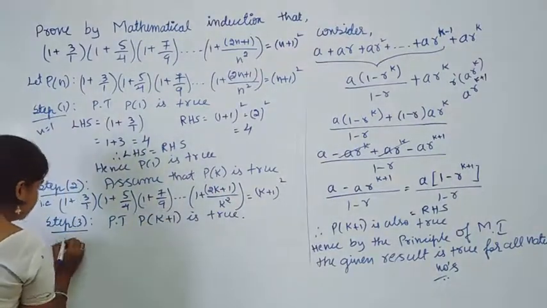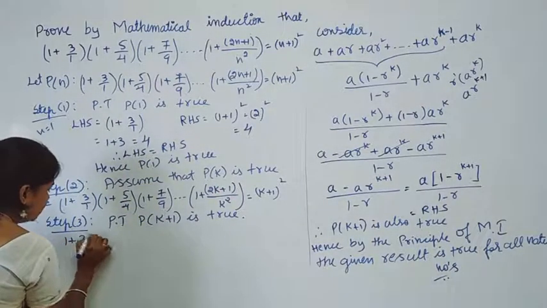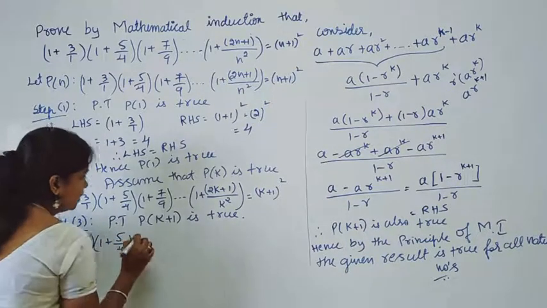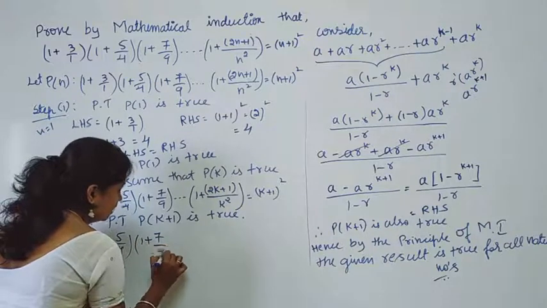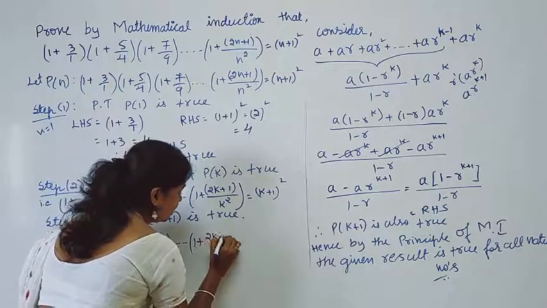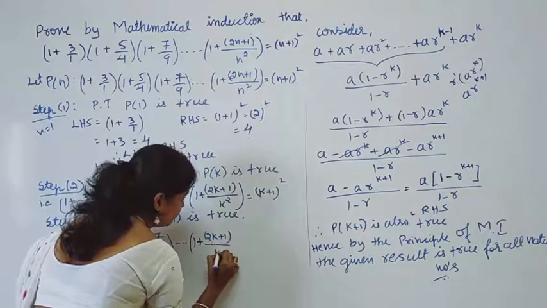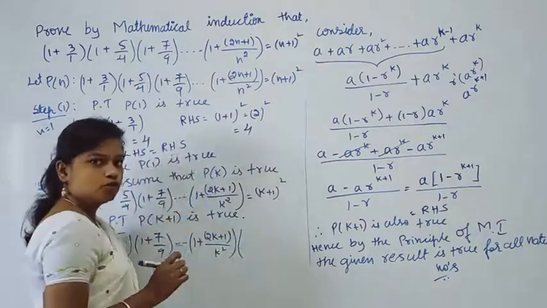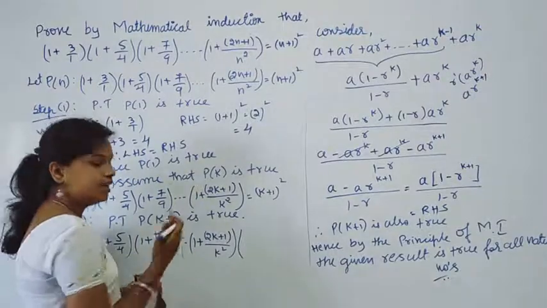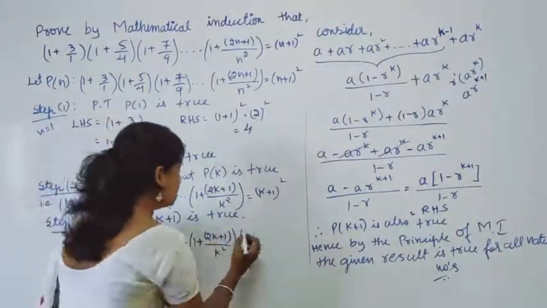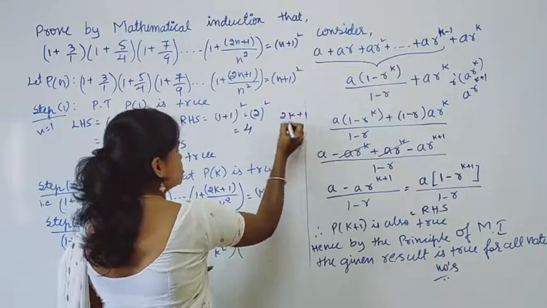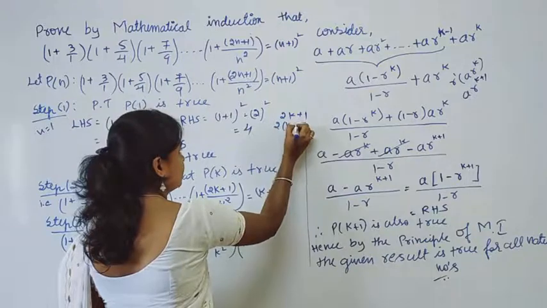Then the statement becomes, write down the statement: (1 + 3/1)(1 + 5/4)(1 + 7/9)... (1 + (2k+1)/k²) into, here we don't have addition, we have multiplication, so into the next term, that is the (k+1)th term: 1 + ... here we have 2k + 1, so in the place of k, put k + 1.